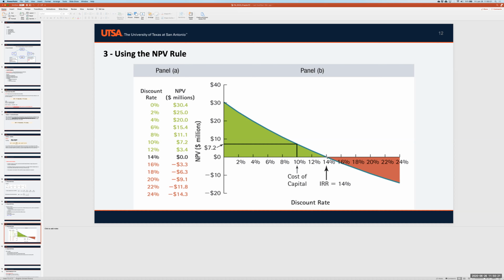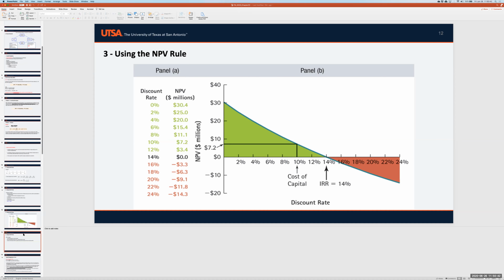If the cost of capital is 14%, the net present value is 0, which equals the present value of benefits and the present value of costs for this project. So we call it IRR. Let's jump to the IRR concept.